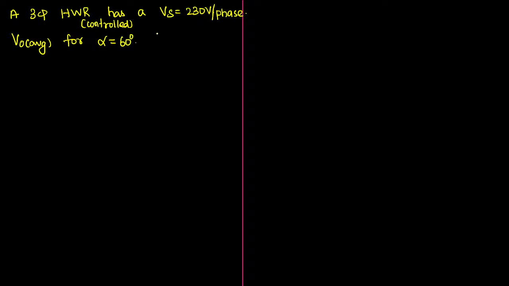That is given. Assume the forward thyristor voltage drop, the on-state voltage drop across the thyristor, is given as 3 volt. That's all. And the output current I0 is continuous. It is very important, right?